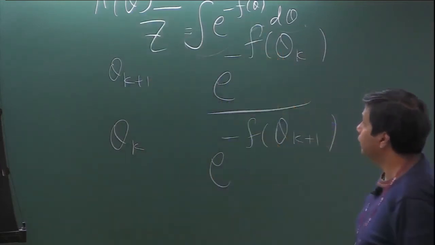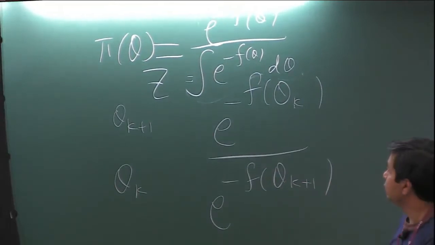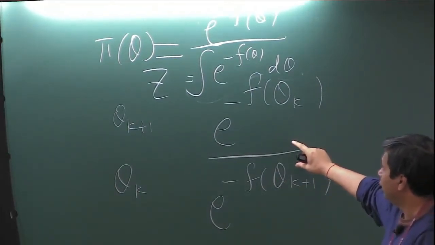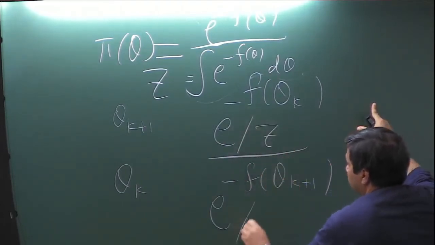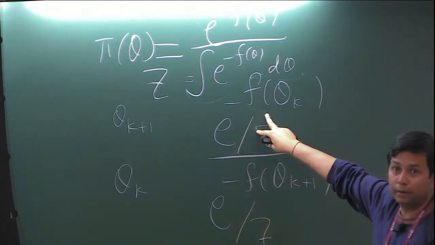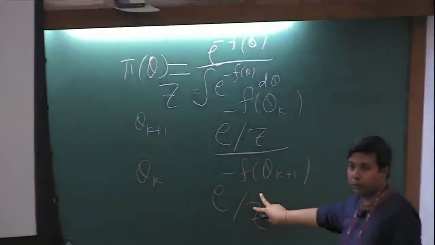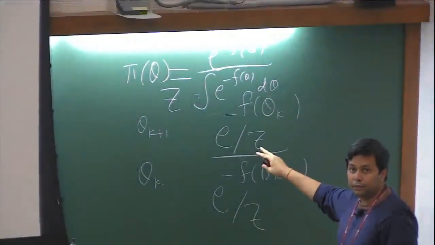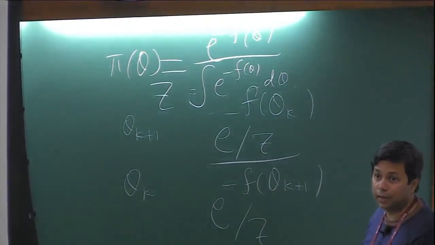We can't compute this, but the really clever idea of this MCMC plus Metropolis is that you don't have to, because if you take the ratio of the two probabilities, this is the probability that you are at theta k, and this is the probability that you are at theta k plus 1. In the ratio, the normalizing constant or the partition function cancels out.